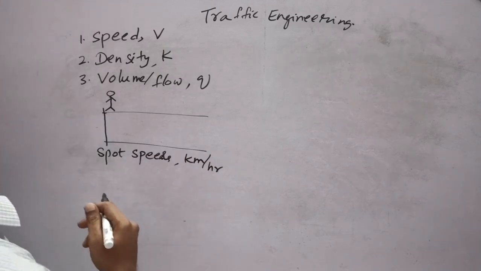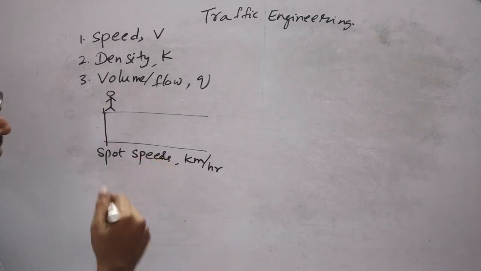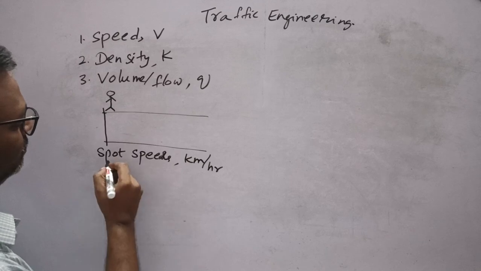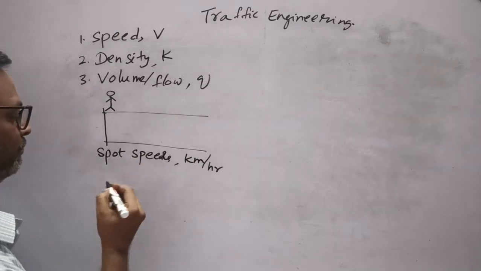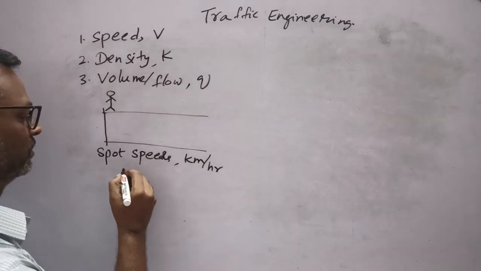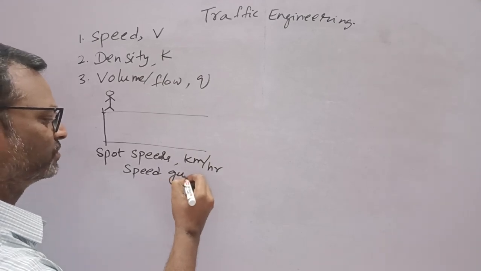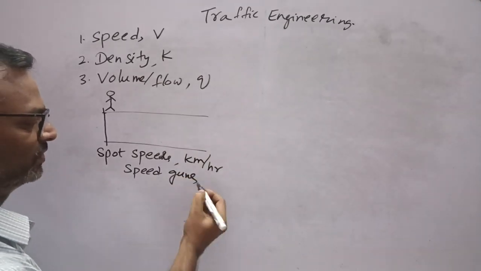Right? So what are the different methods of measuring speeds? We can use speed guns that you might have observed. They are with the traffic police.